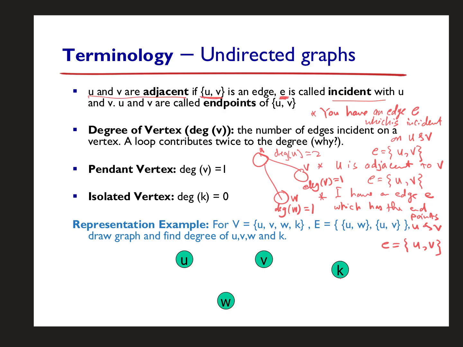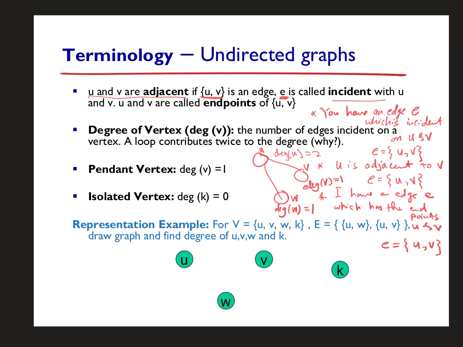Okay, taking this information, let's try to solve a very quick example, just to get you used to the graph stuff. We have a graph G, which is represented by vertices U, V, W, K. For convenience and standardization of the answer, I just placed the vertices in space. Also in that graph, the edges that I have are 2 edges, an undirected edge between U and W, and another edge between U and V. Both of them are undirected.